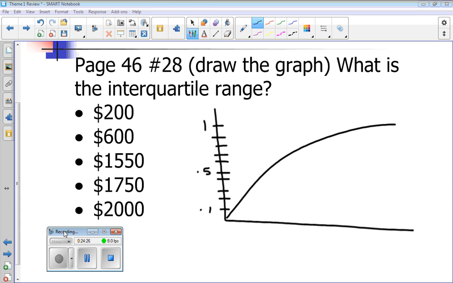Because I'm having to draw it, I'm concerned that it's not going to be perfect, and it won't be, but we're going to estimate it. At least practice how to use an ogive. It might not be one of the answers listed here, but we'll be okay.